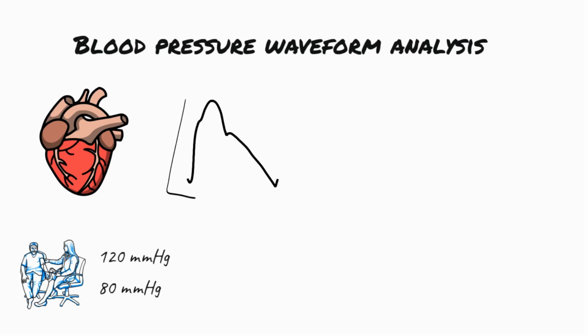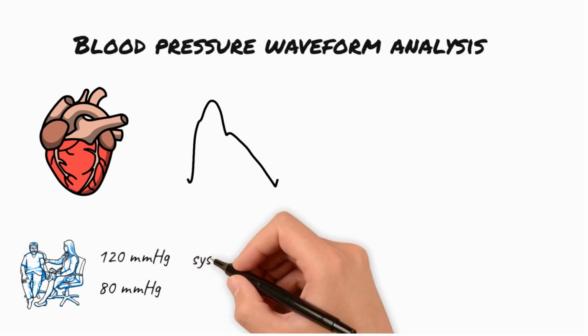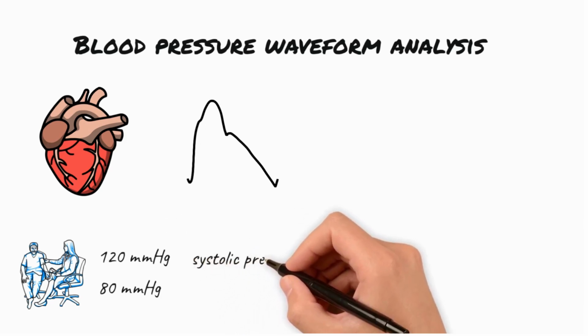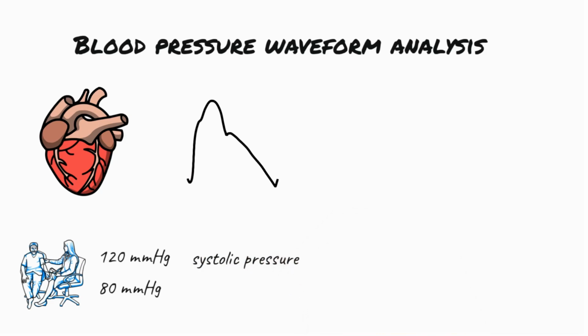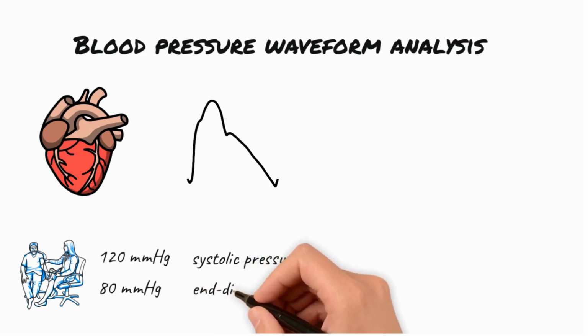In the first part, that is the part where the heart contracts and ejects blood into the vessels, this is called the systole. The maximum value that the pressure reaches is called the systolic pressure, typically around 120 millimeters mercury. On the other hand, the part of the cycle where the heart is refilling with blood and the pressure in the vessels drops, this part is called the diastole, and the minimum value is the end diastolic pressure.